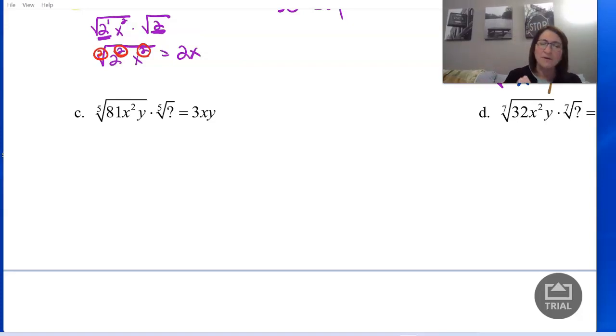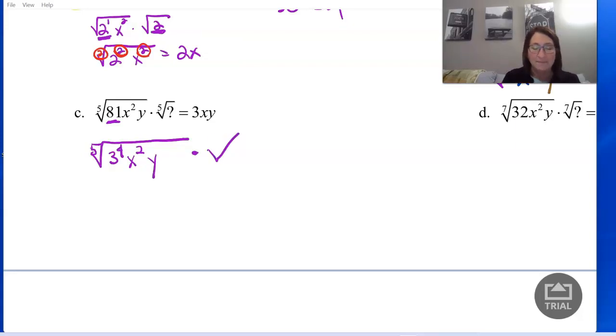All right, so this 81, that's not super helpful, but let's go ahead and change it to exponential form. So we've got the 5th root of 3 to the 4th x squared y. And then I'm going to multiply that by the same index.